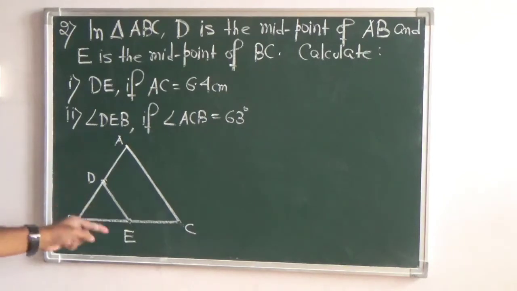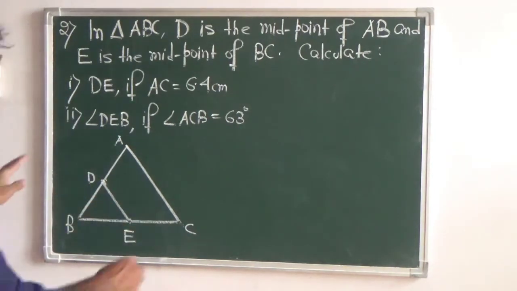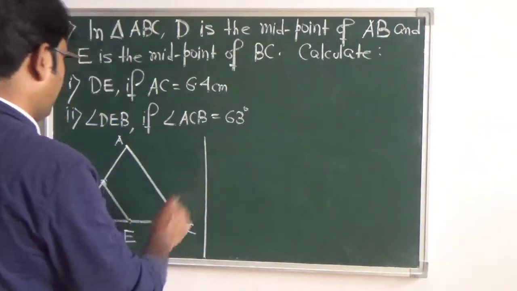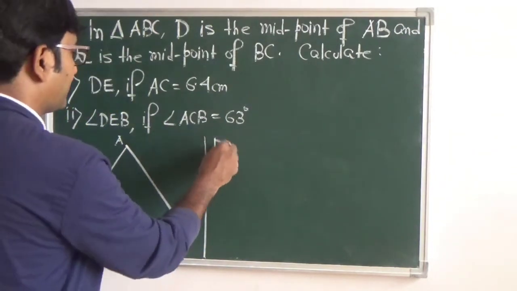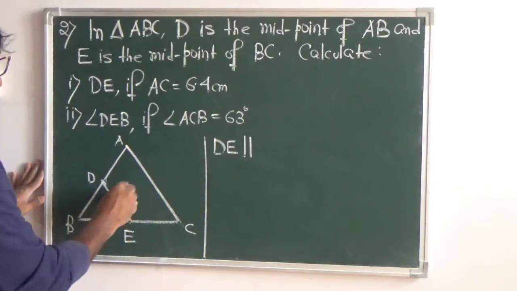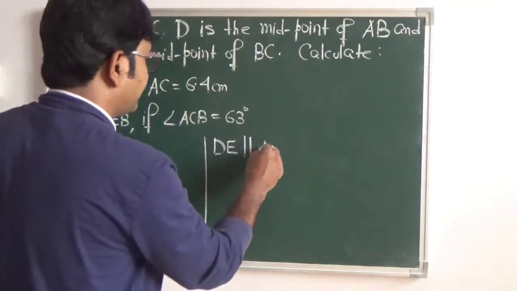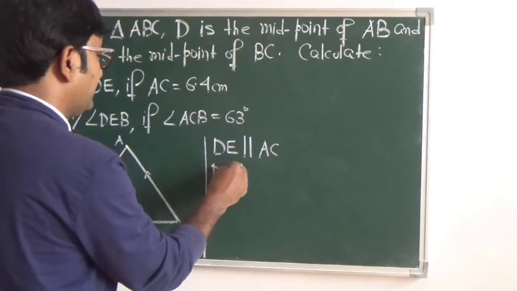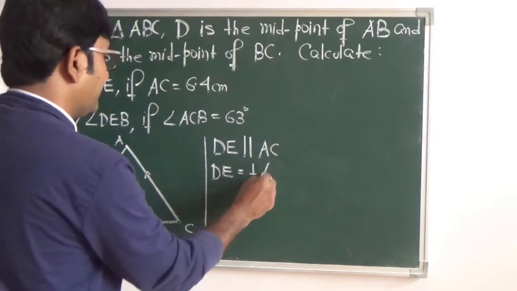Since D and E are the midpoints of the sides AB and BC, DE is parallel to the third side AC, and DE equals half of AC.